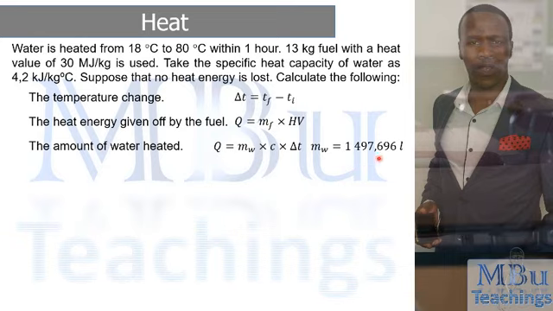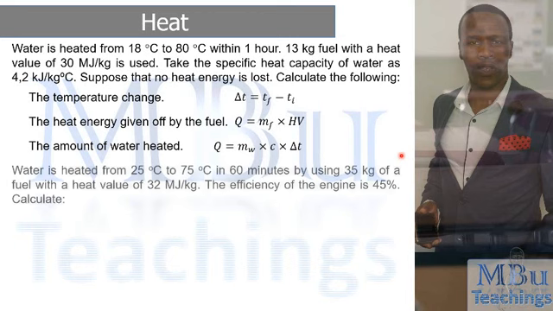So I wrote it in liters as a volume. Otherwise, even in kg, if you wrote it in kg, you just have kg at the end. I have liters at the end because I just used volume. I just took that mass as a volume. That's about it. Let's move to the next question.